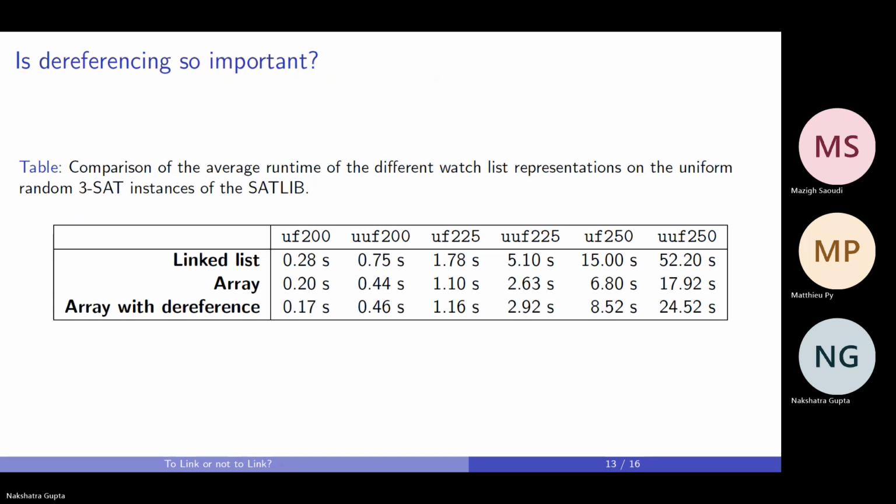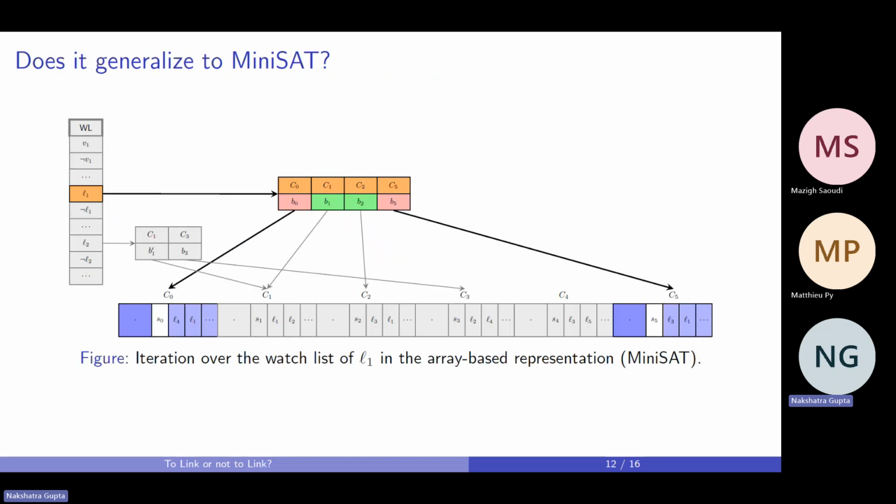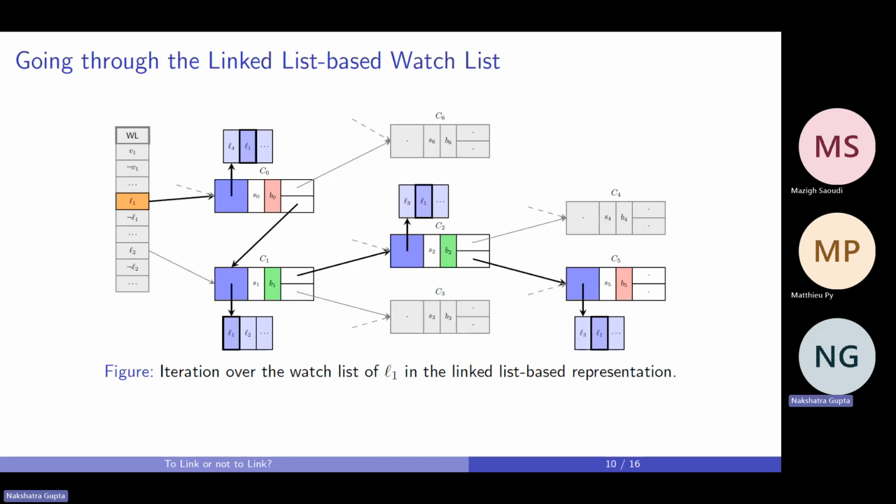So one question. Because we are looking at the linked list, the performance drop is because arrays can be preferred, as compared to a linked list, from the perspective of the microarchitecture. Yeah, it could be.